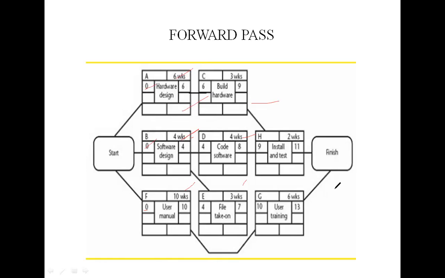See here, C cannot start until after completion of A only, then we move to 6. 6 plus 3, 9 weeks. 4 plus 4, 8 weeks. 4 plus 3, 7 weeks. See the diagram clearly, do you understand?